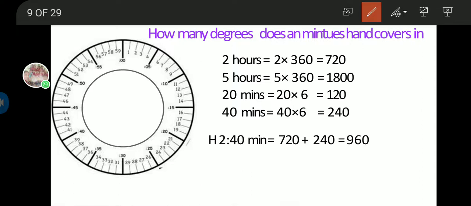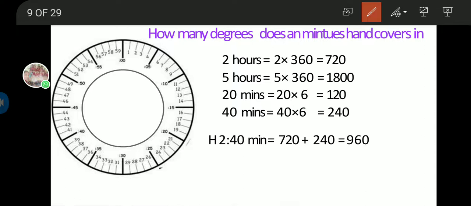So for 2 hours, it is 2 into 360. Have you understood? So 5 hours, 1800. 20 minutes, 120. 40 minutes, 240. Have you understood the logic here?